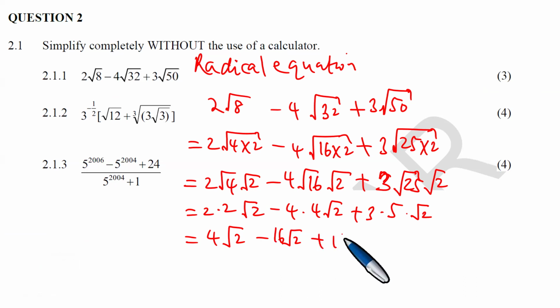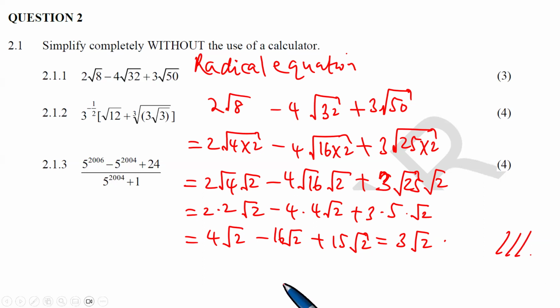And therefore here you have 4 minus 16, which is minus 12, plus 15, which is 3 times the square root of 2. And that's the answer. We've been able to simplify completely without the use of a calculator. And we're done. Okay, we move on to the next question.